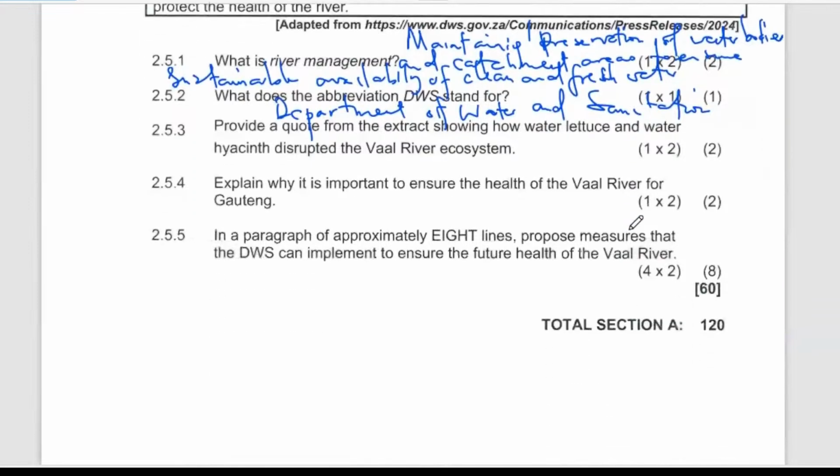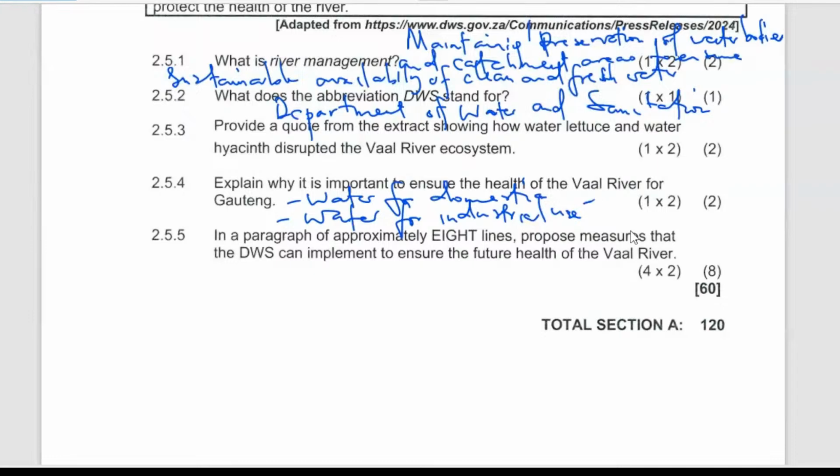Right, moving on to the next question. Explain why it is important to ensure the health of the Vaal River for Gauteng. For the Gauteng people, why is it important? Right, in Gauteng, the Vaal River is used for extraction of water for domestic use. It is also used for extraction of water for industrial use for the Gauteng people.